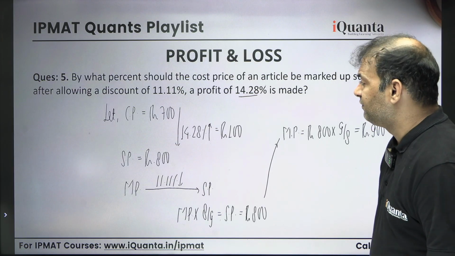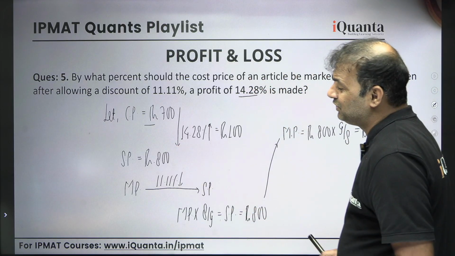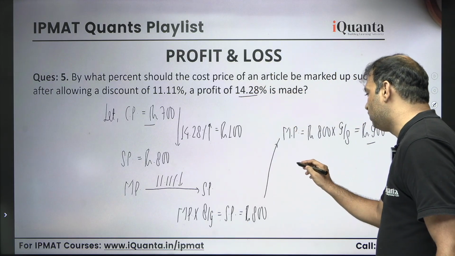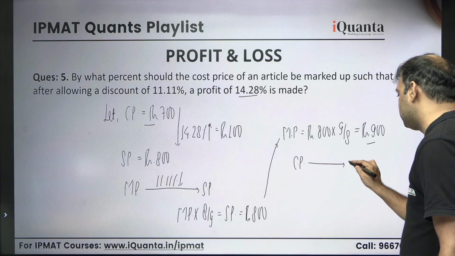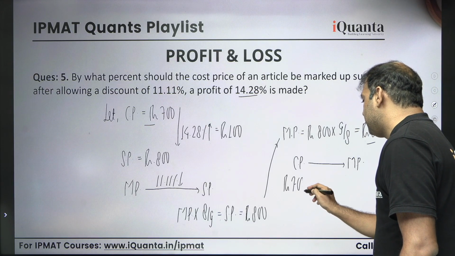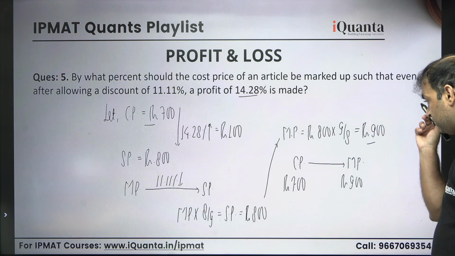Okay, we have the cost price 700, we have the mark price 900, and now we can find out the markup percentage as well. Markup percentage is what? The percentage change between CP and MP. So guys, CP in this case is rupees 700, and MP in this case we just found as rupees 900. So what should be the amount of markup?